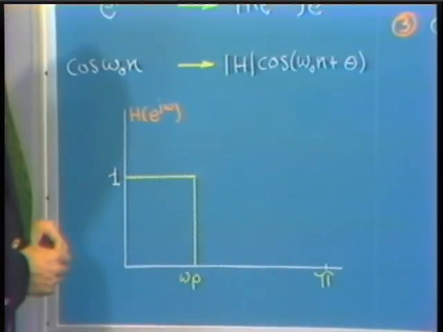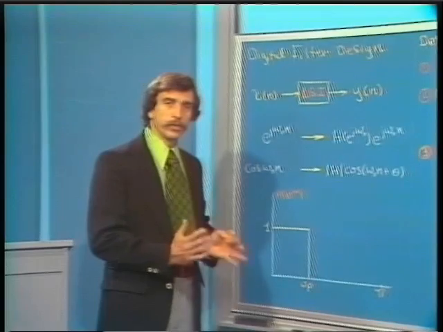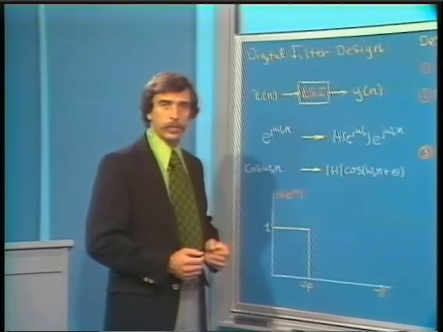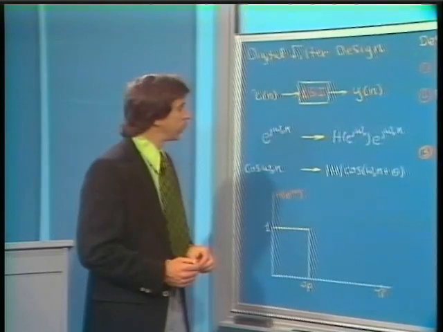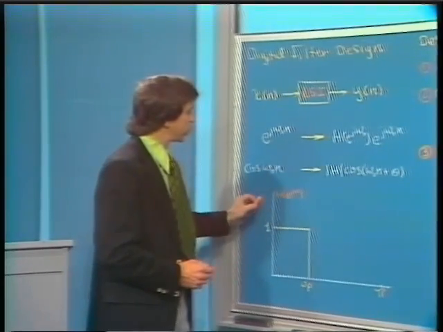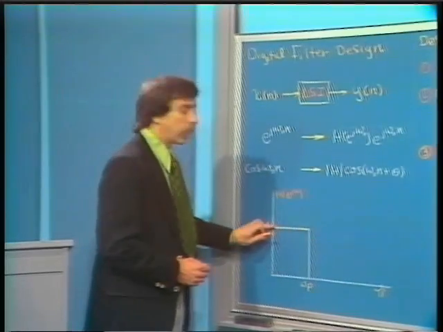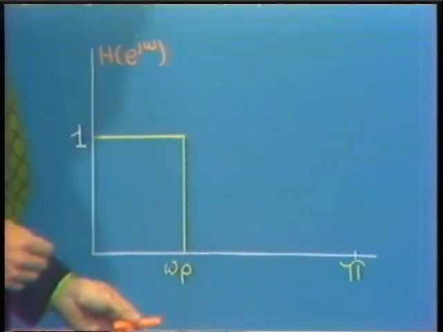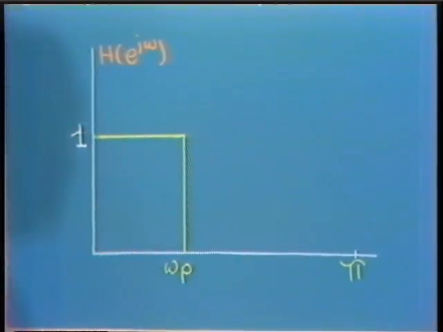So, for example, if we had a signal which was the sum of two components, one of which was low frequency and that we wanted to keep, and the other of which was high frequency and that we wanted to suppress, then we can consider extracting the wanted signal with a system whose frequency response ideally is unity at the low frequency end and is zero at the high frequency end, or after some cutoff frequency, which I've denoted by omega sub p.